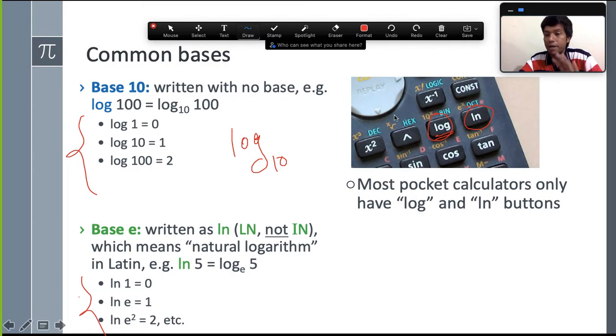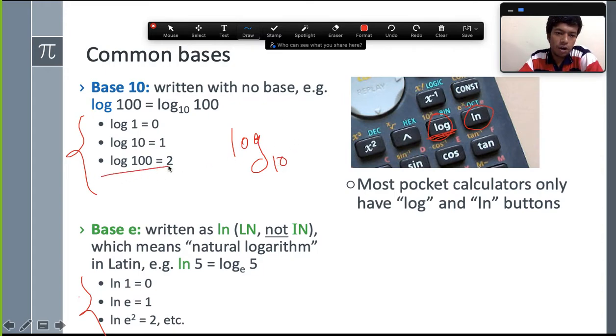The calculator automatically understands this; this is how the calculator is programmed. If the base is not given, the calculator thinks that the base is 10. In this button you cannot give the base. The calculator will automatically take it as 10.